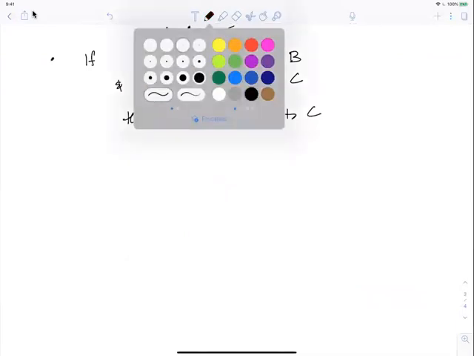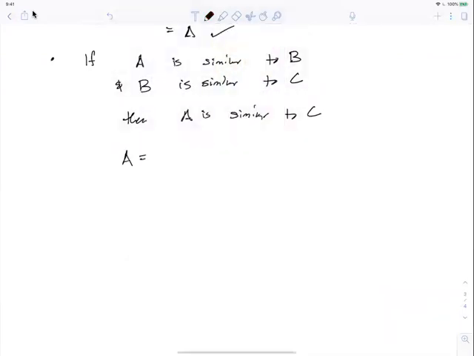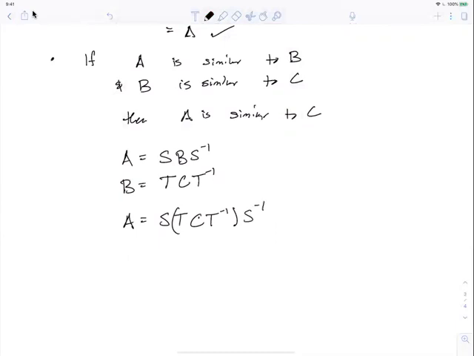The proof of this fact: if we know that A is similar to B, and B is similar to C, here the S's don't have to be the same, so I'm going to use T instead. We can write A as S T C T inverse S inverse. Here we're just substituting for B. Now we're going to do a couple of matrix manipulations, getting rid of those parentheses.